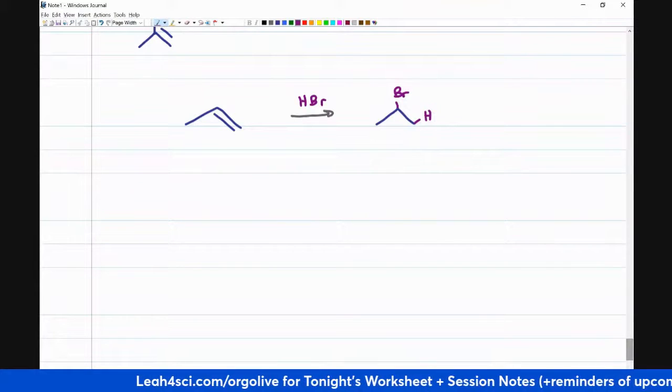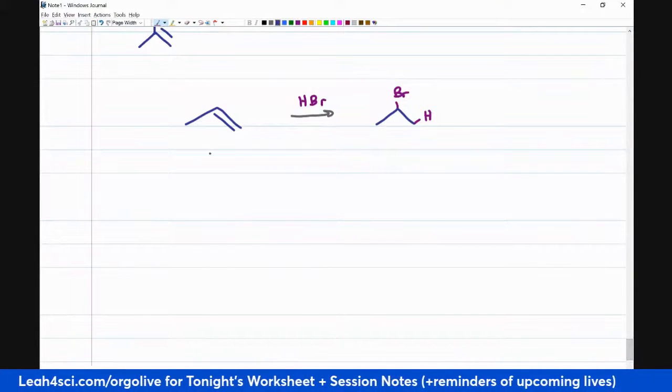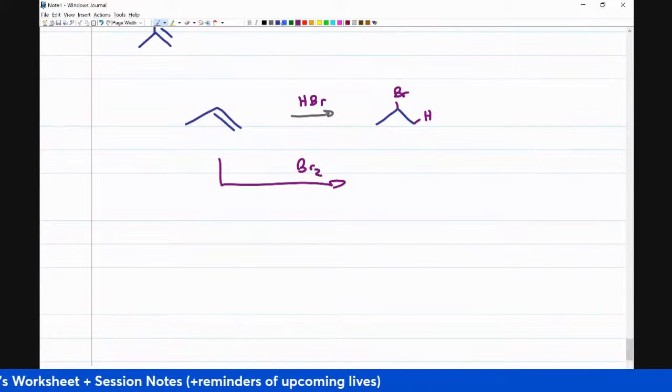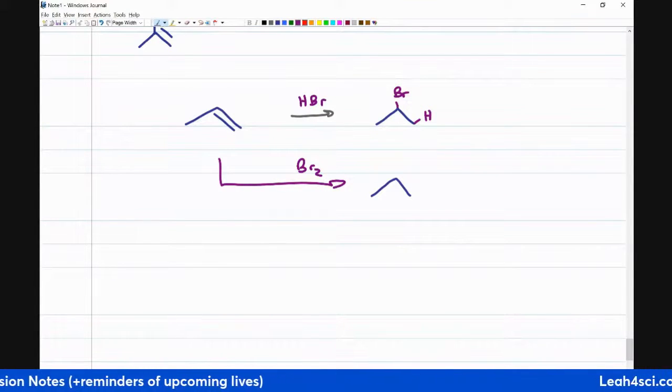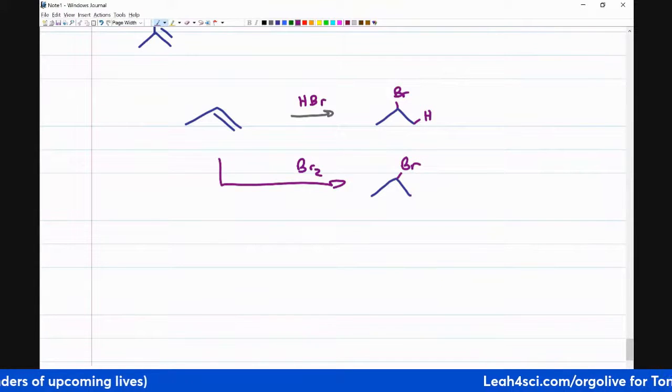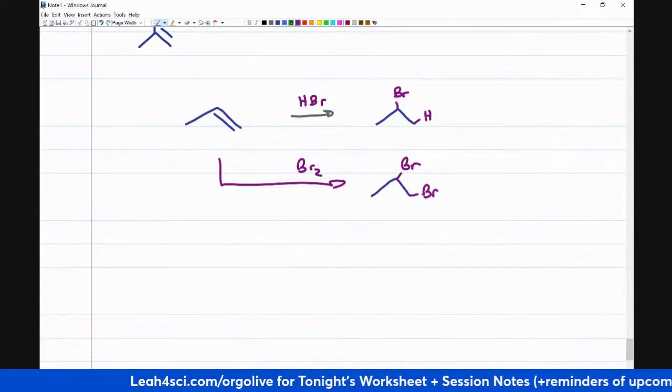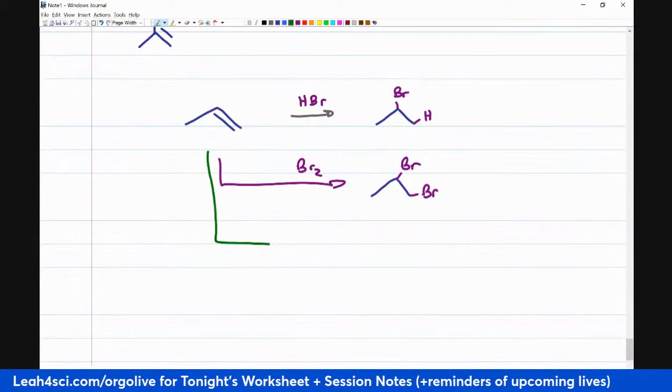If I try to do this with Br2, the pi bond will break, and I'm going to get two bromines adding. So how do I get the bromine adding here? This is where you have to do a completely different reaction.